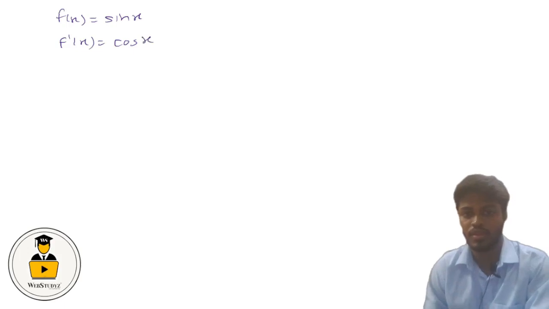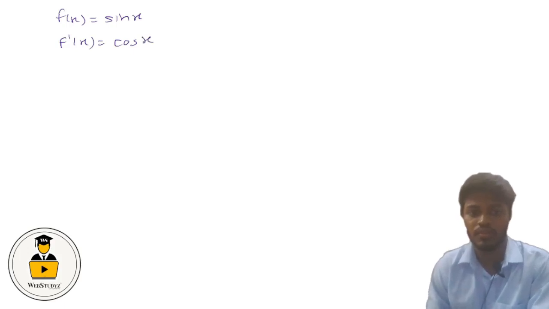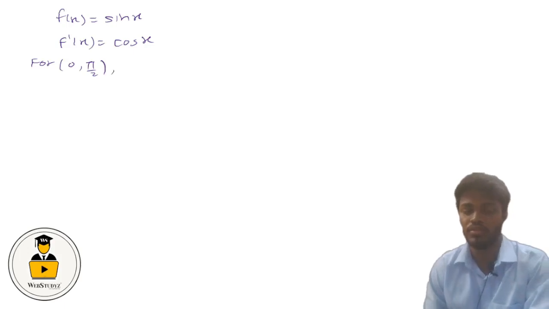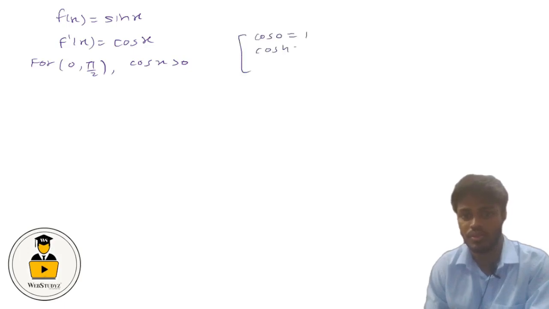Now we know that if we assume our range to be 0 to pi by 2, then cos of x is greater than 0, because cos 0 is 1, cos 45 is 1 upon root 2, which is positive, cos 60 is half, and cos pi by 2 is 0.